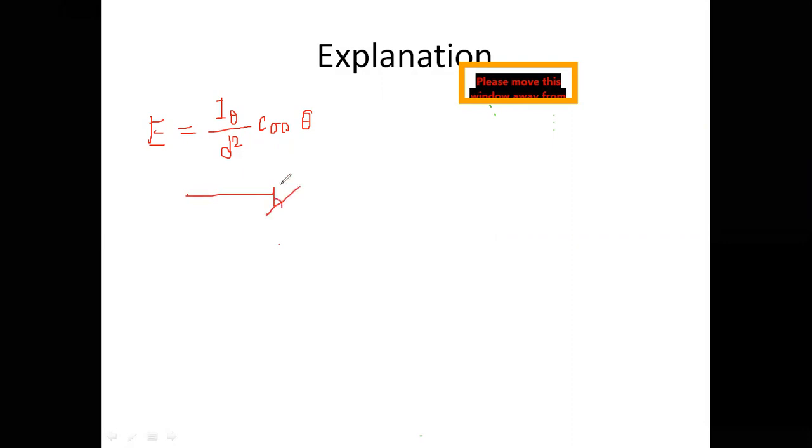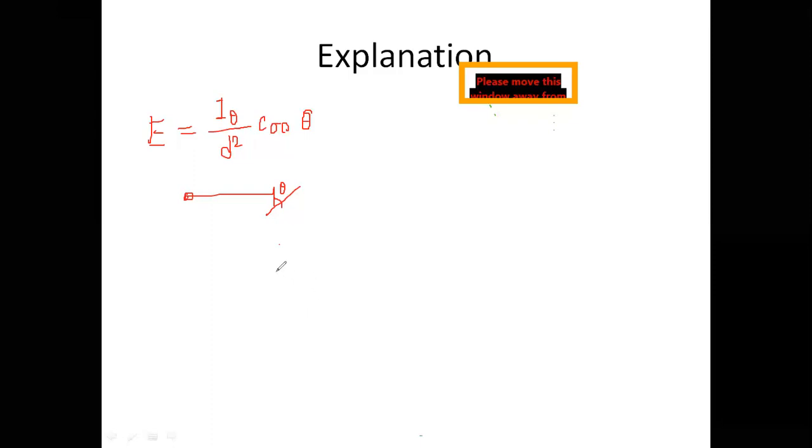Where I theta is the luminous intensity of the source in the direction of the illuminated point, and theta is the angle between the normal to the plane and the line joining the source to the illuminated point, and d is the distance of the illuminated point.